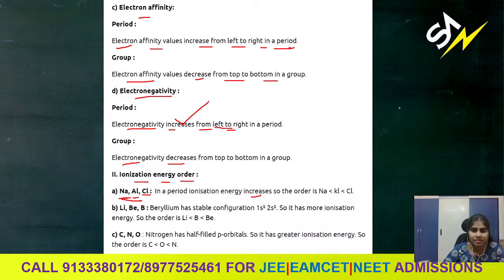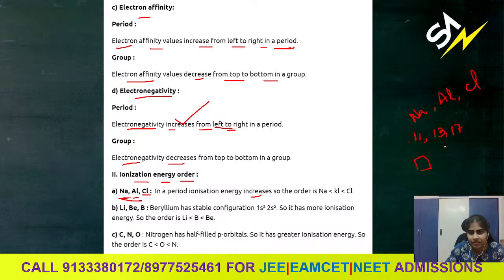Here what are there? Sodium, aluminum and chlorine, right? Sodium has atomic number 11, aluminum 13 and chlorine 17. So write their outermost electronic configurations.